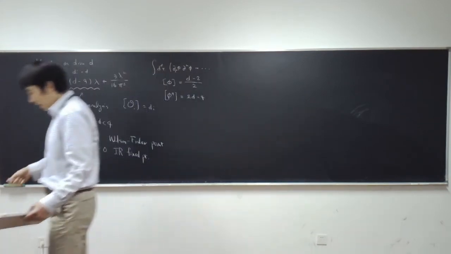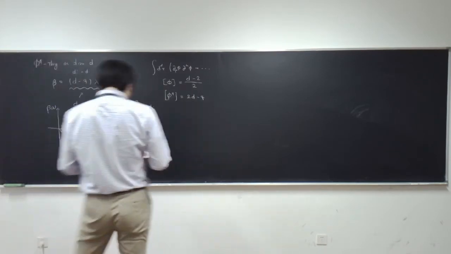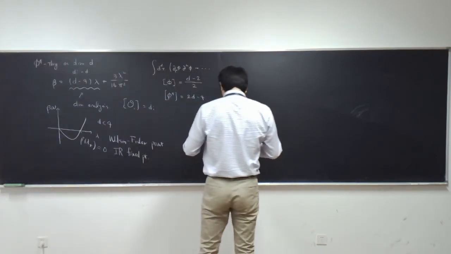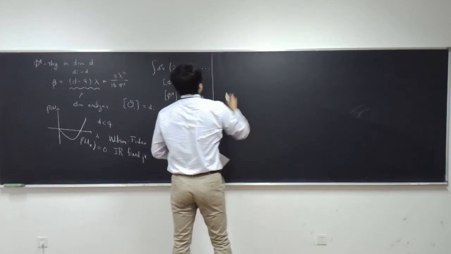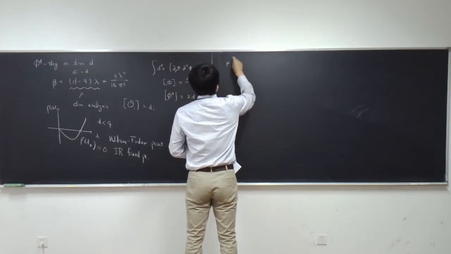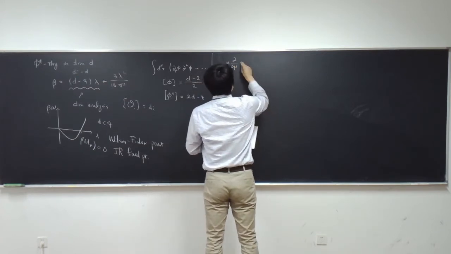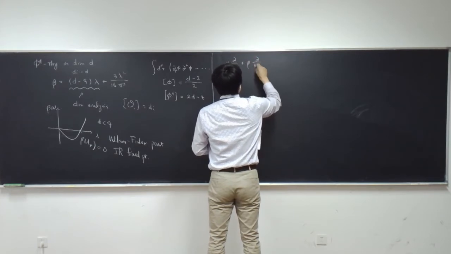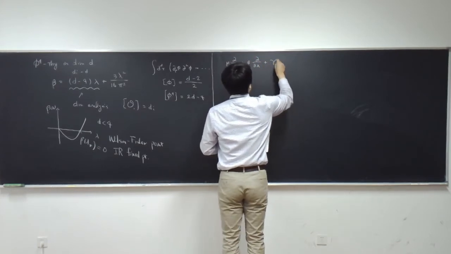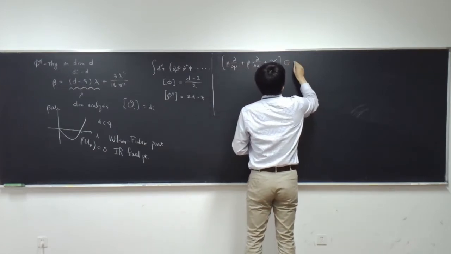Then I forgot to mention one thing. In the Callan-Symanzik equation, we write down mu partial mu plus beta partial lambda plus gamma, acting on the Green's function, is equal to 0.